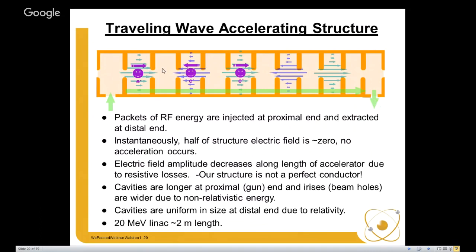Instantaneously, half of the structure, the fields, are approximately zero. And of course, that one it's leaving, so I left it empty. Of the remaining half, half of those are accelerating to the right, and the other half would be accelerating to the left, or I should say the field is to the right and the field is to the left.